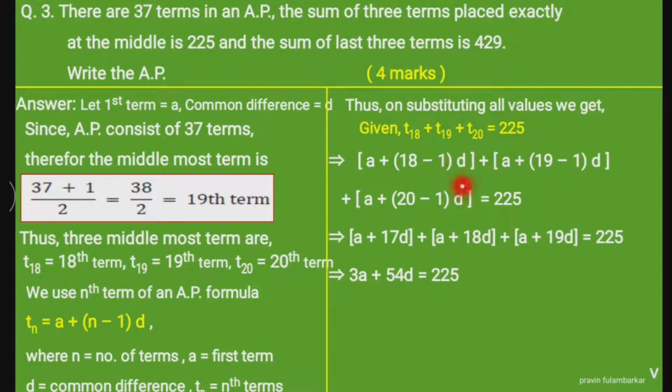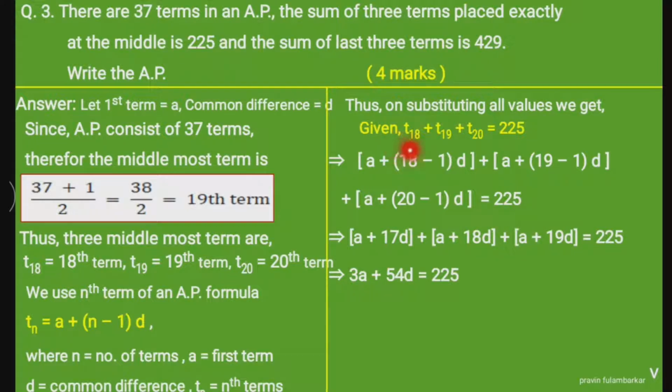Then for T19 we replace n by 19: A plus 19 minus 1 into D. Then we write the value of T20, so we use n equals 20: A plus 20 minus 1 into D equals 225.